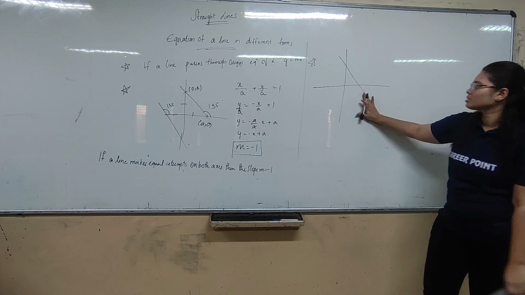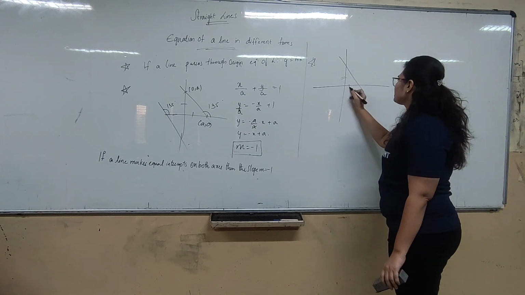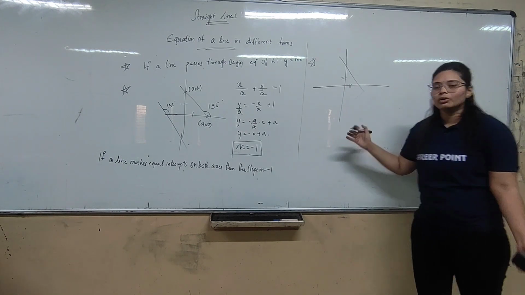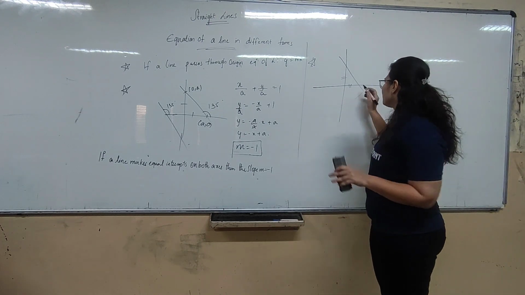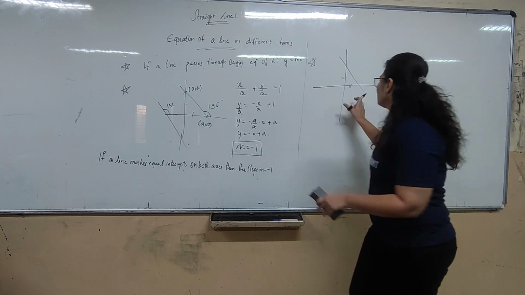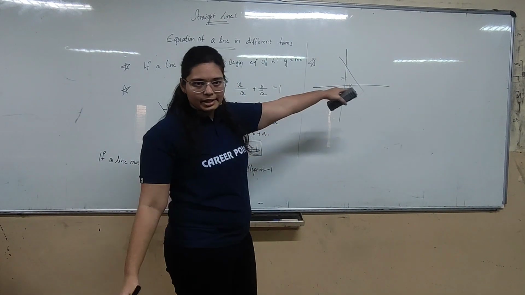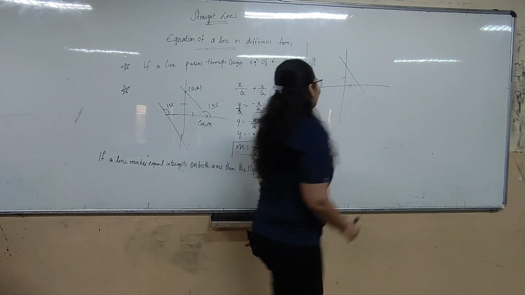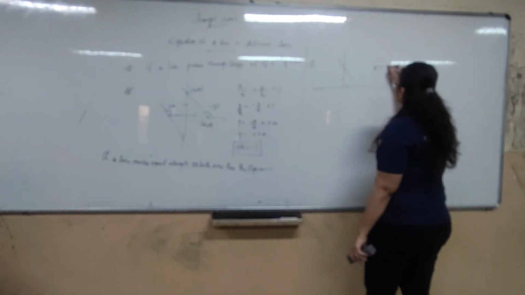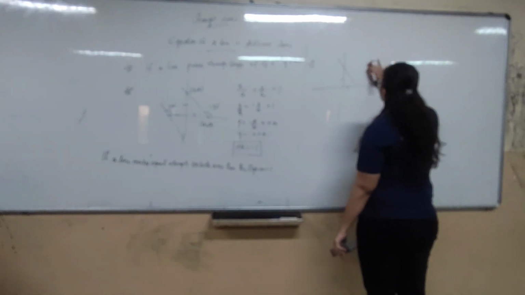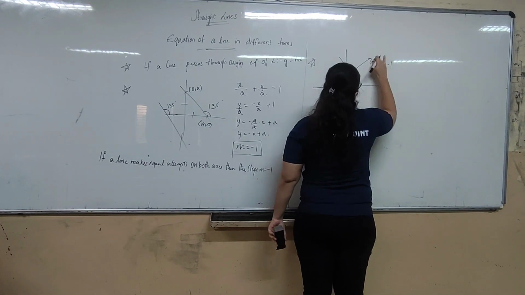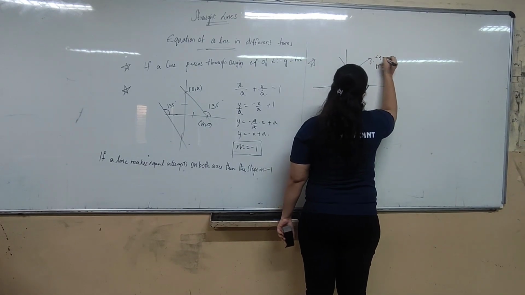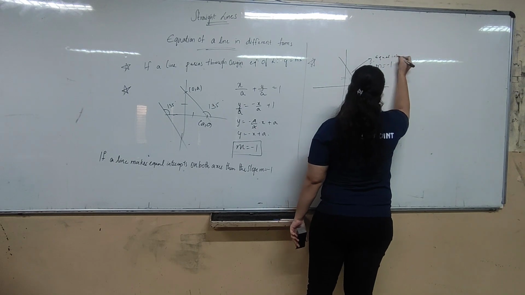So see, in this it makes equal intercepts. So the line cuts at equal distance for x-axis and y-axis. So in this case it is equal intercepts, therefore m is -1.